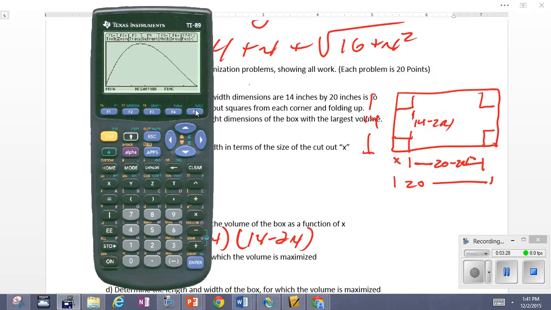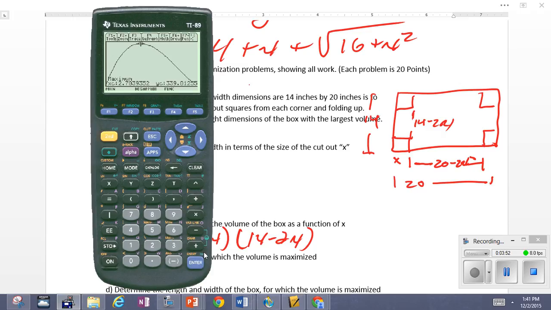So F5 to find the maximum, left and right of that, to hone in on it. There we go, with an x value of 2.7.